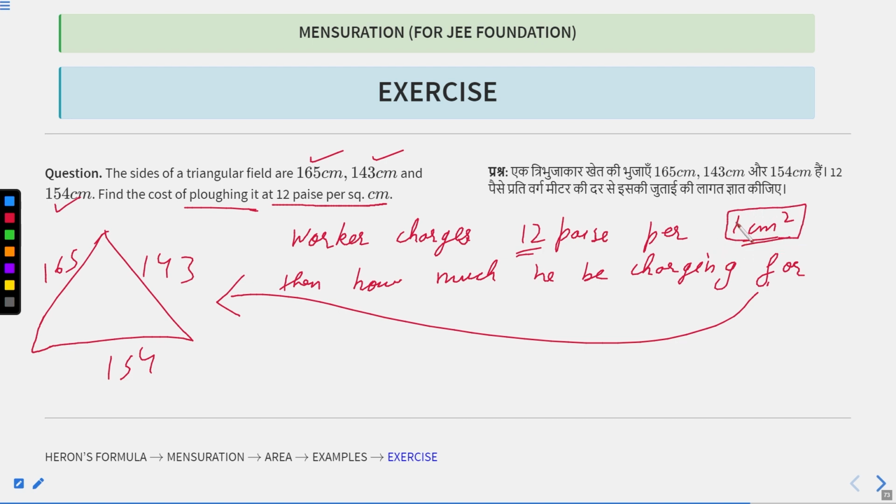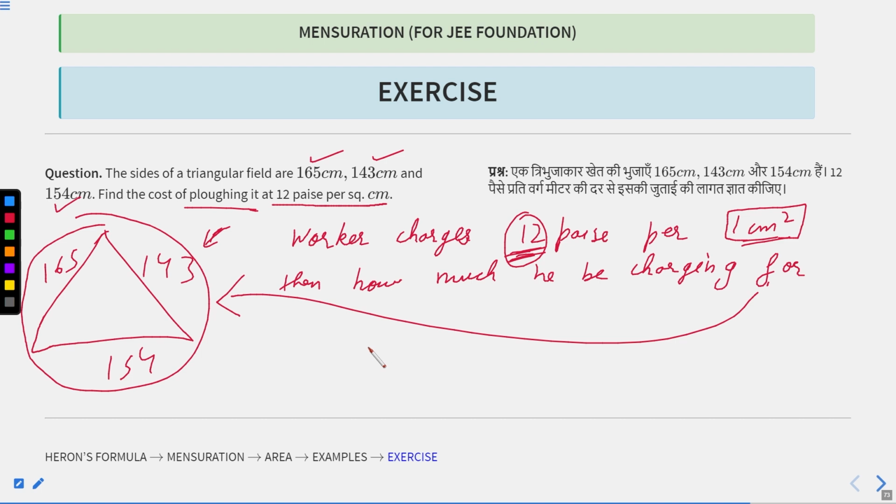That means if a worker works on a field of 1 centimeter square area, then he charges just 12 paise. So if we find out the area for this triangular field and then multiply it with this number 12, we will get the paise that he charges for this field, and then we change it into rupees.